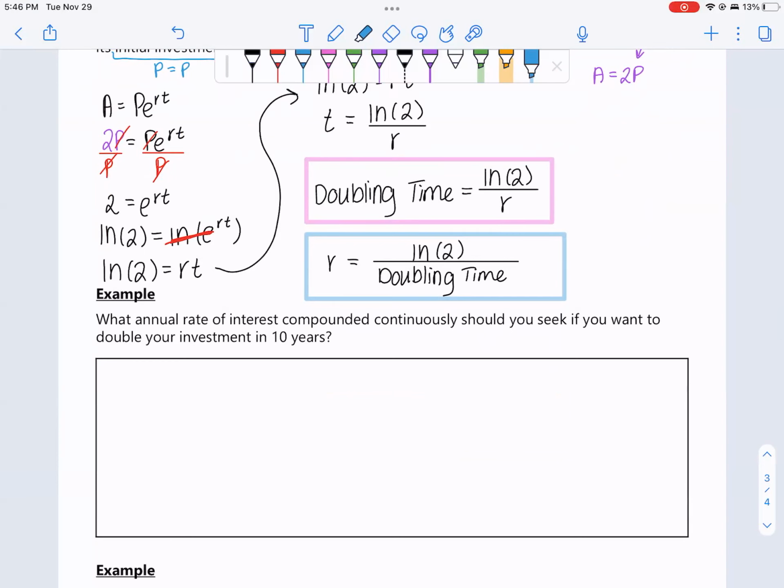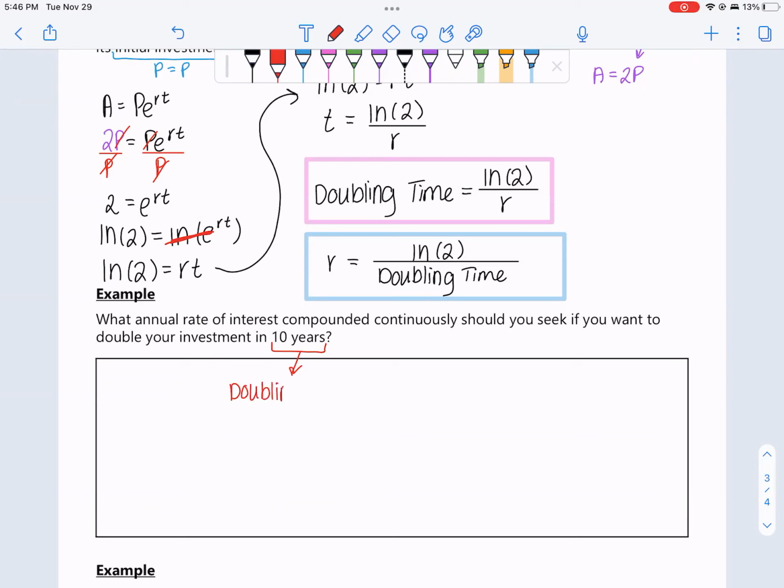Okay. What annual rate of interest compounded continuously should you seek if you want to double your investment in 10 years? What interest rate do we need if we want to double our investment in 10 years? So this 10 years is our doubling time.